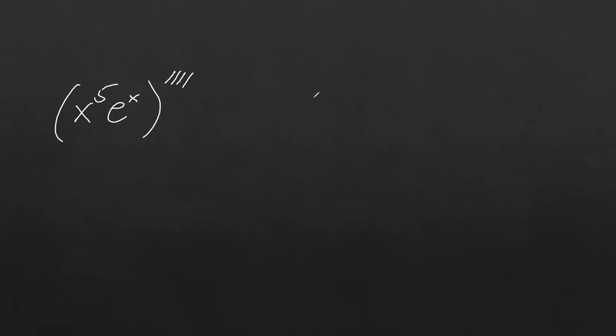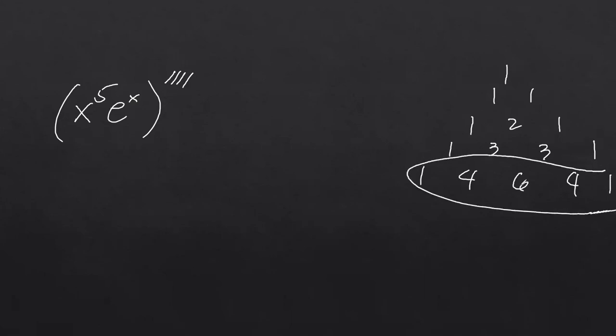As you remember, since the exponent here is 4, you have to go until the fifth line, because the fifth line refers to the power of 4: 1, 4, 6, 4, 1. So that's the Pascal's triangle, and we will be using this one. So actually, it will be 1 plus 4 plus 6 plus 4 plus 1.